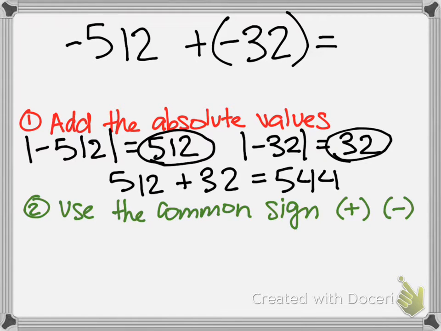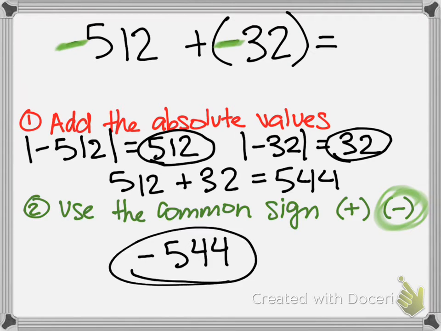Okay. My second step says I need to use the common sign. So on the original problem, that was a negative 512 and a negative 32. So my common sign is negative. So instead of 544 being my answer, it is actually negative 544.